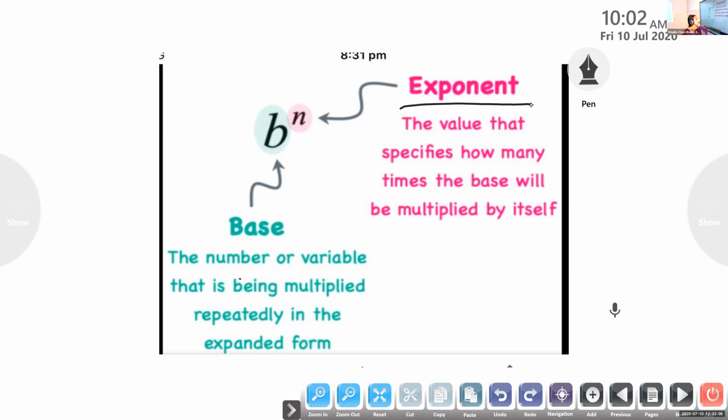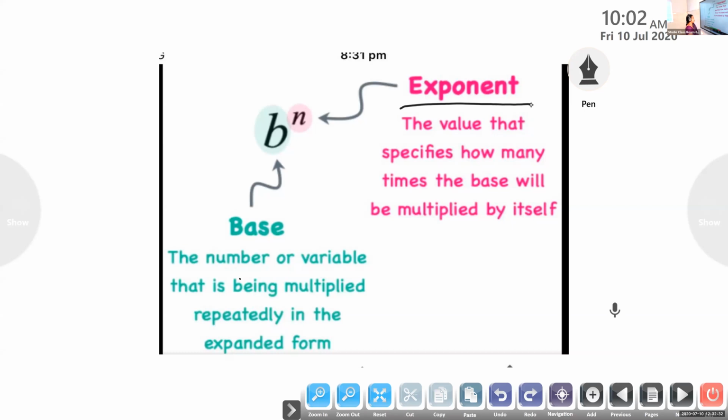So write all of you: exponent is the value that specifies how many times the base will be multiplied by itself.